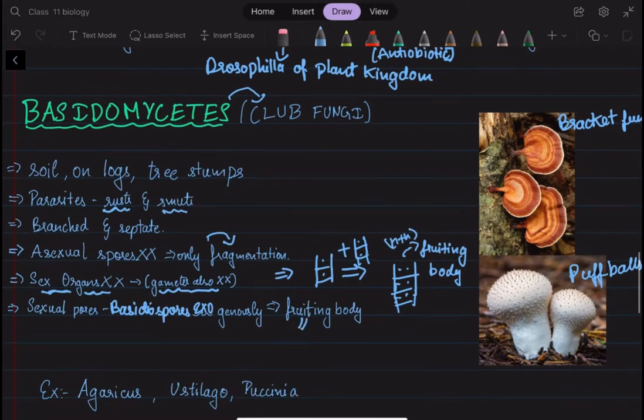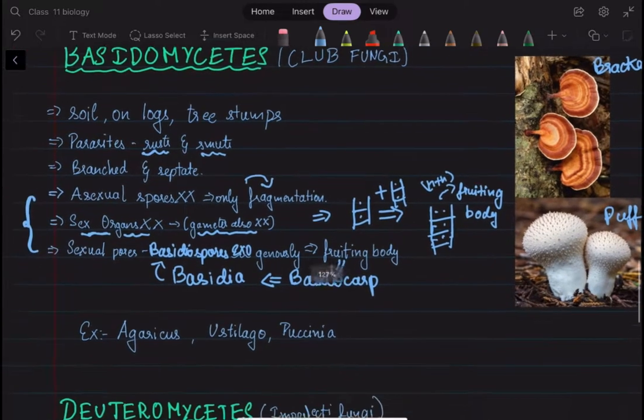The fruiting body here is called the basidiocarp, and this too has club-like structures called basidia. On these basidia, the basidiospores are produced, and that is why they are exogenously produced.